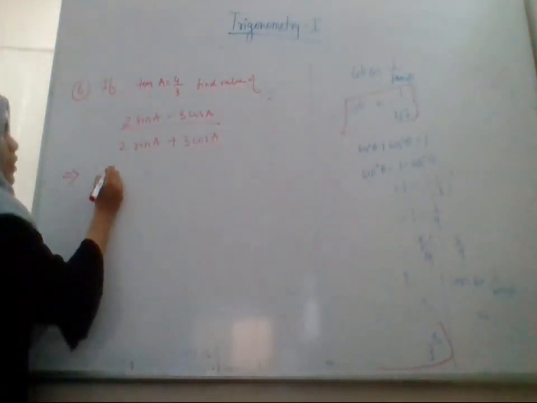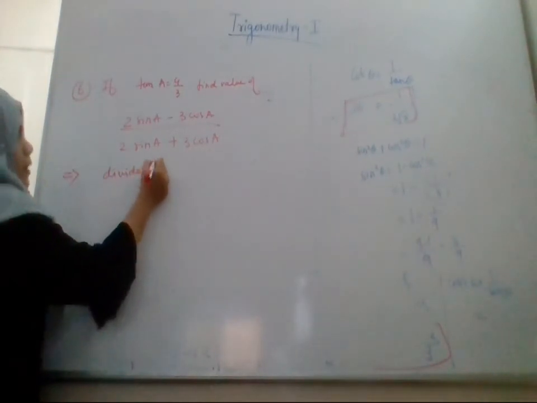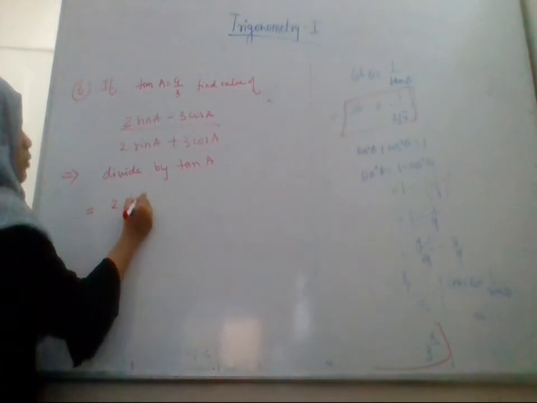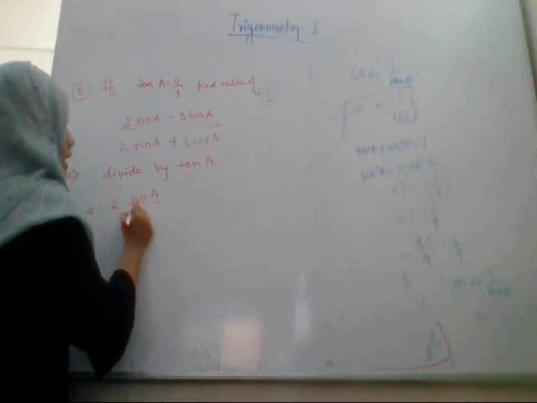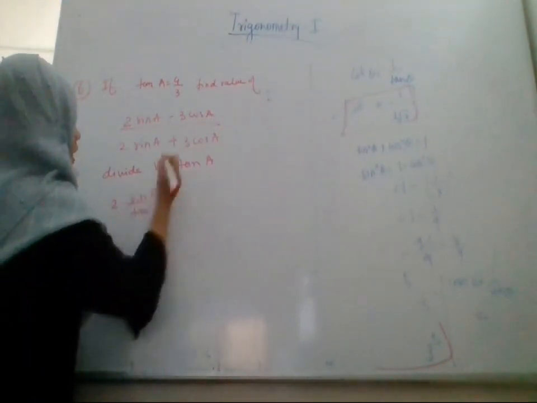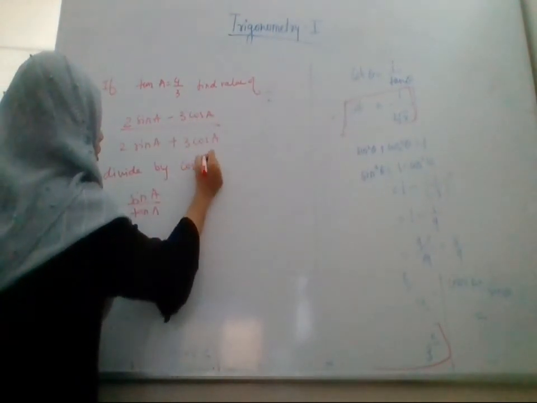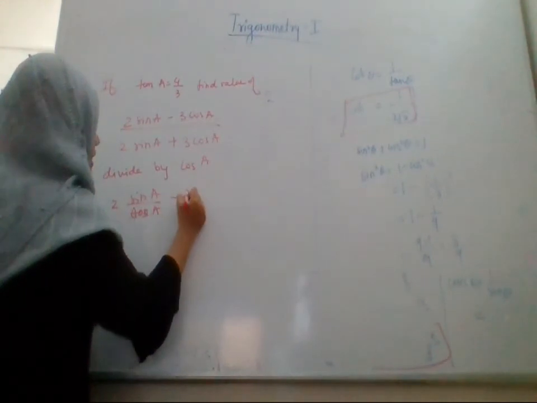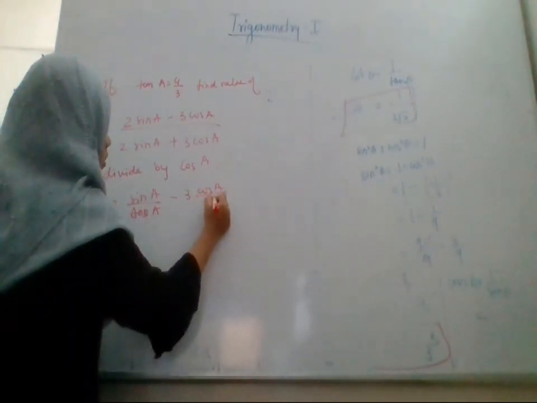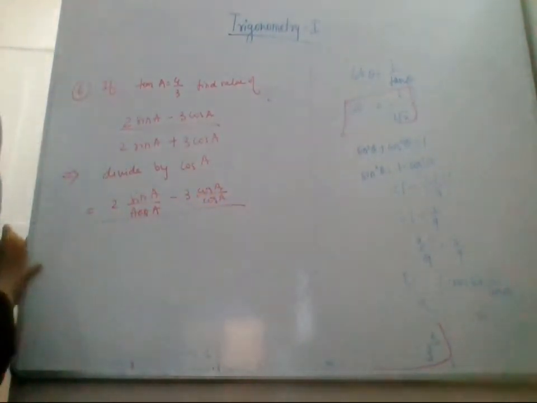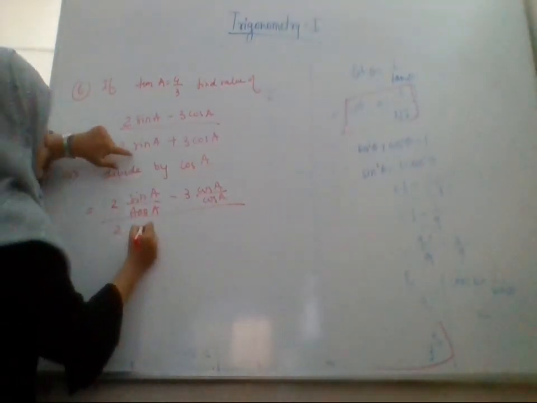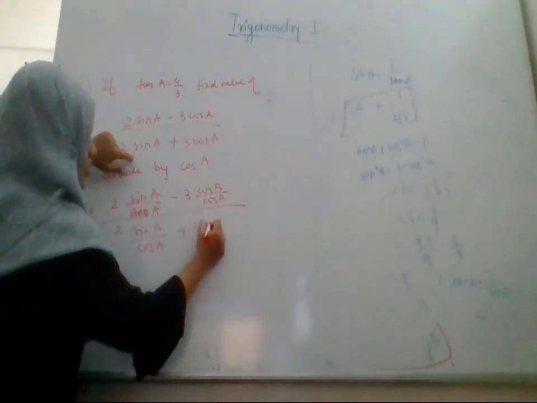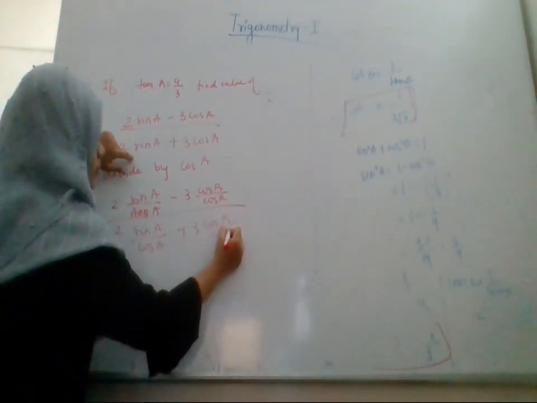So solution: divide by cos A. So what we will get? 2 sin A upon cos A minus 3 cos A upon cos A, full divided by 2 sin A upon cos A plus 3 cos A upon cos A.